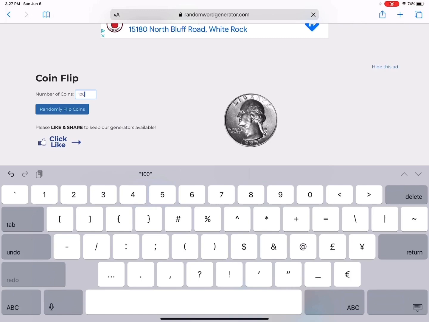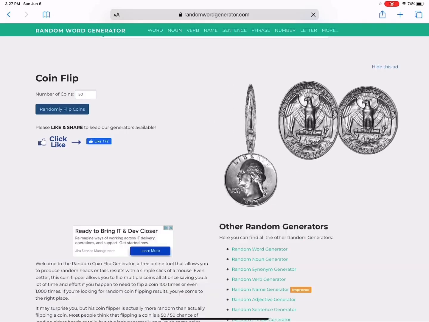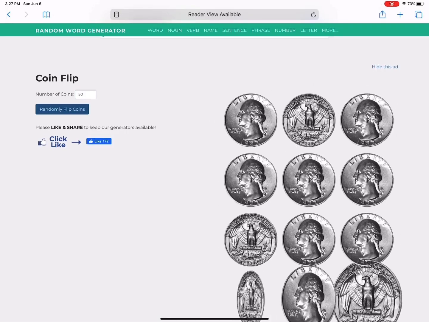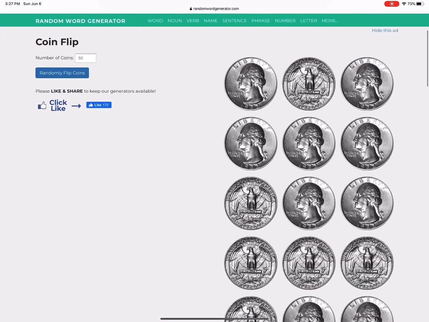Let's try 100 and then flip. Oh, value must be less than or equal to 50. Flip. So we can flip 50 coins all at once. And then I can record the number of heads.